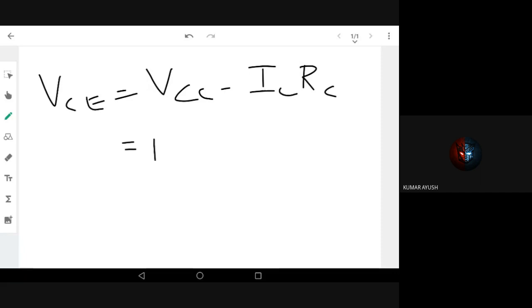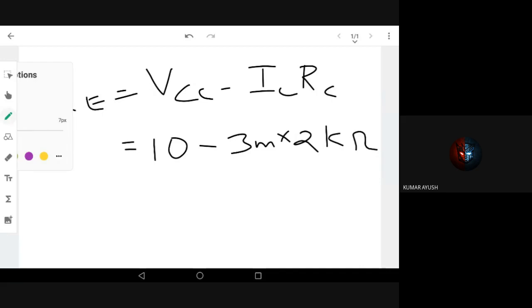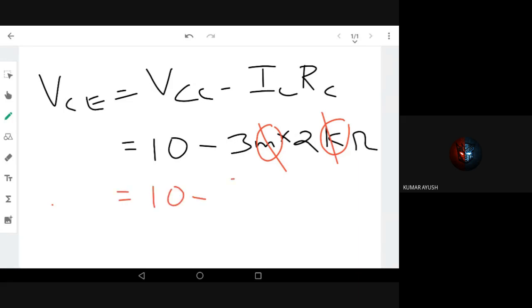VCC is 10 minus IC, around 3 milli, I'm just taking an approximate value, into RC. RC is 2 kilo ohm. Kilo is 10 to the 3, milli is 10 to the minus 3, so these two cancel each other. So the net is 10 minus 6, a bit less than that because I'm approximating 3 milli, although the current is less than 3 milli. So you'll get 4 volt. This is my collector emitter voltage.